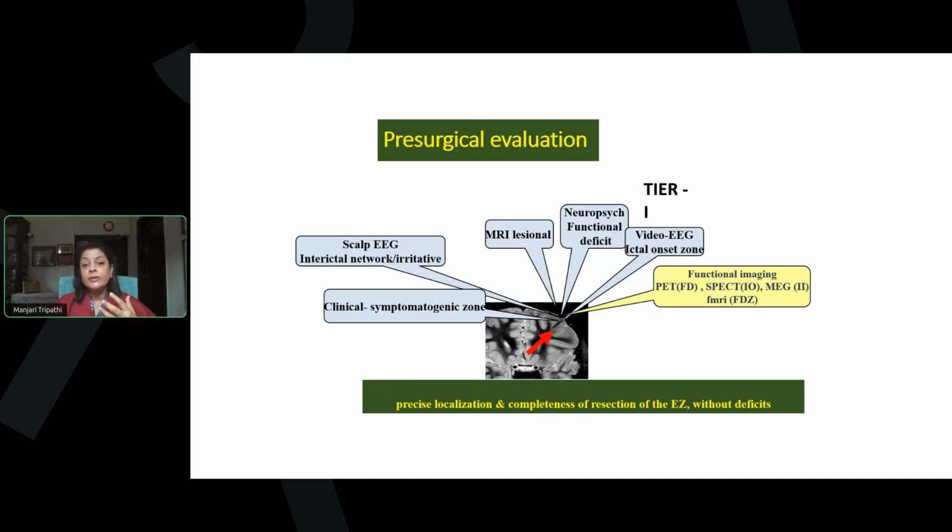And of course, with a reasonable hypothesis, if we are able to find concordance between these investigations and we locate a lesion, we can straight away go for surgery, or we may have to put invasive investigations like a stereo EEG further into localizing, based on our hypothesis, the exact epileptogenic network. So really, a series of investigations is required, and many of them are done at higher centers where they are available.